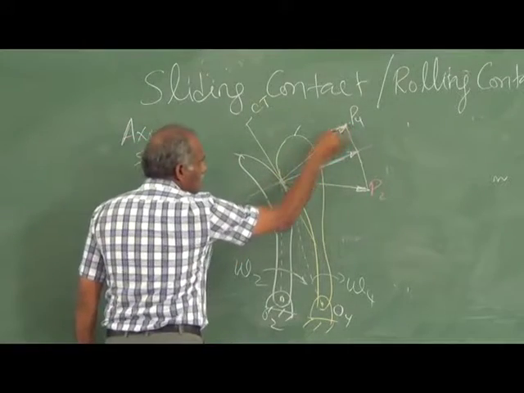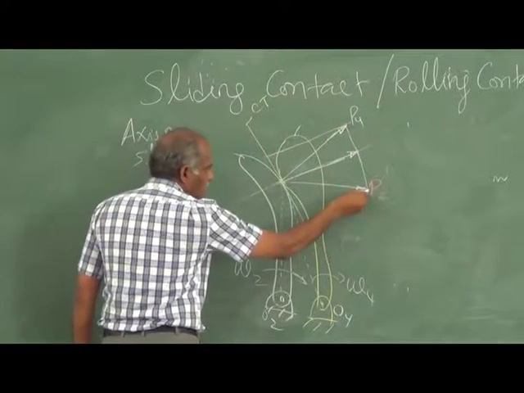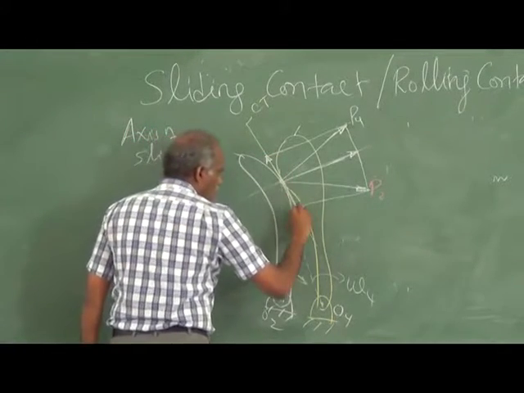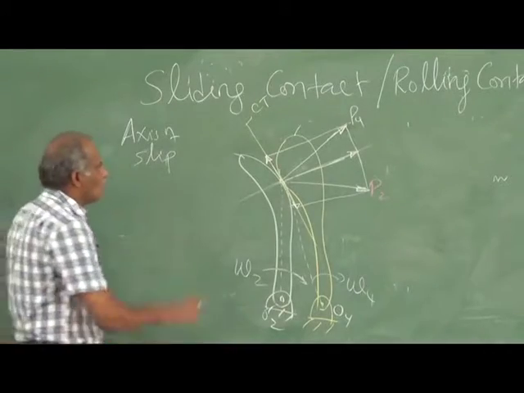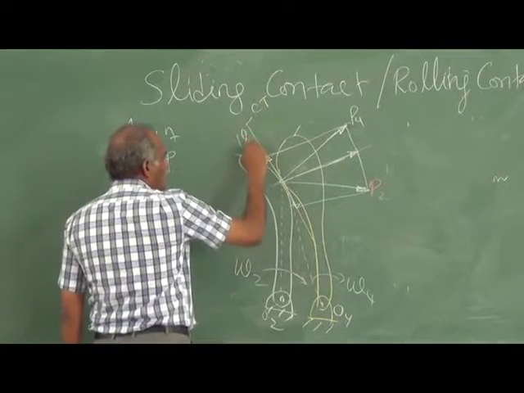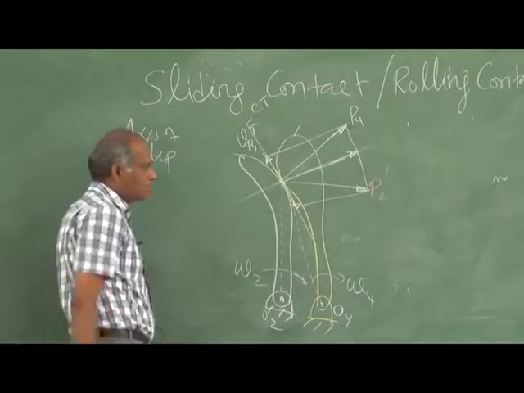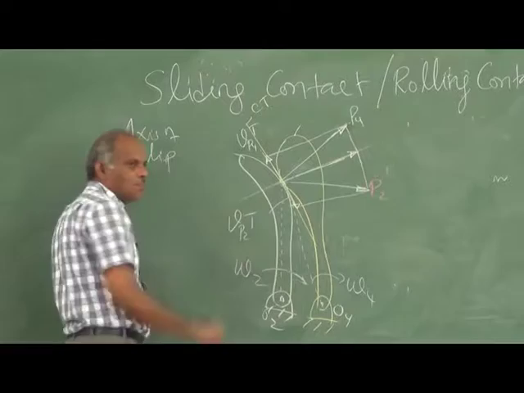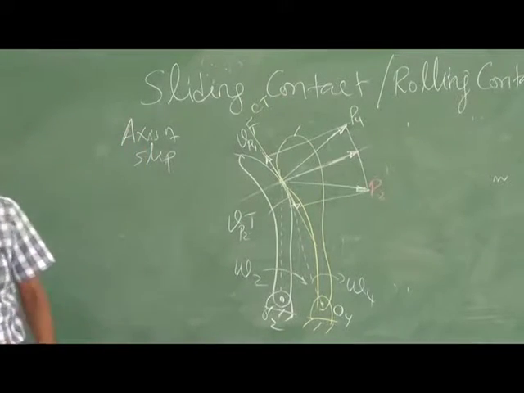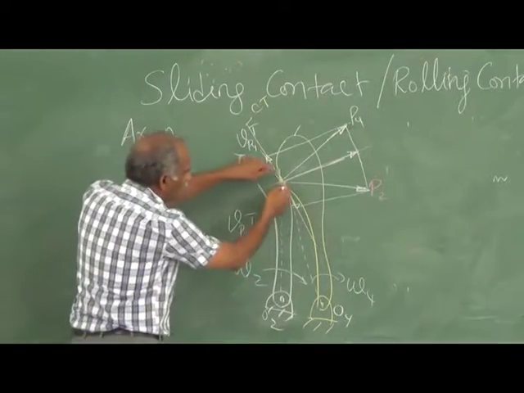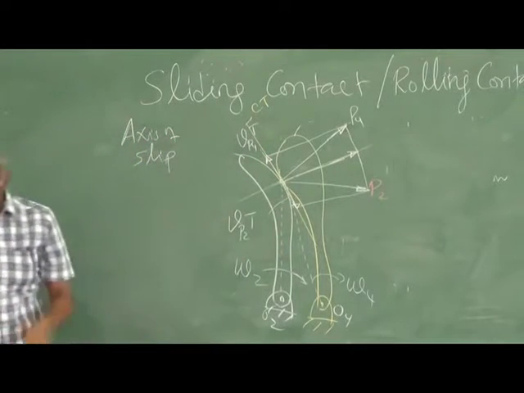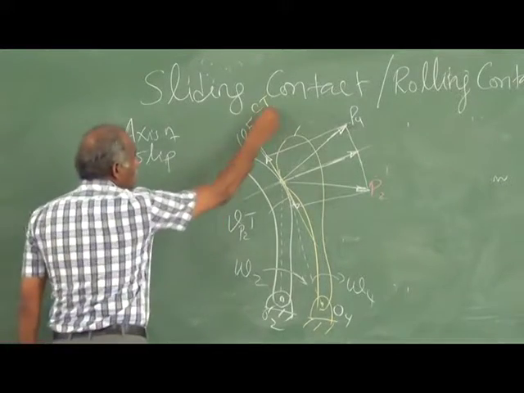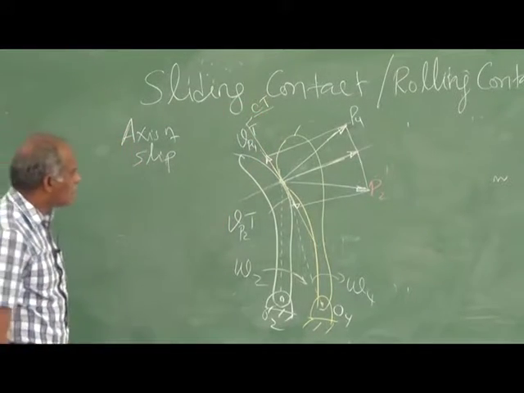So the velocities of P2 and P4 have components like this. So I can say this is the velocity of P4, tangential component. This one is the velocity of P2, tangential component. So now our focus is on the two components which are along the axis of slip, otherwise the common tangent.